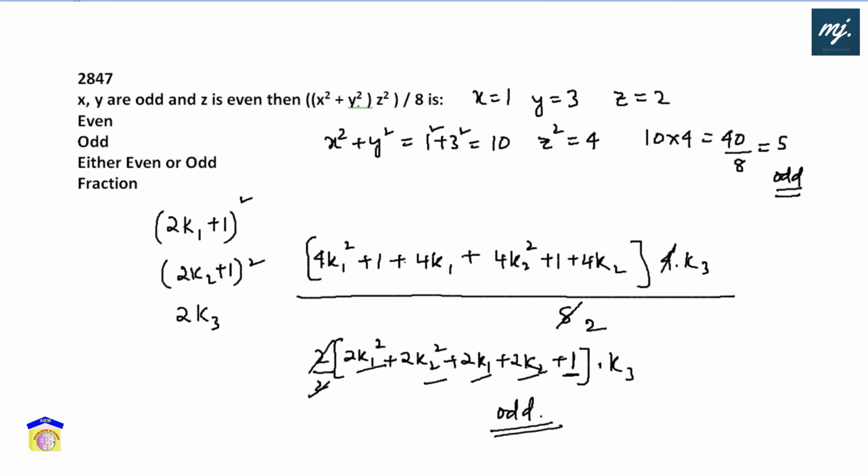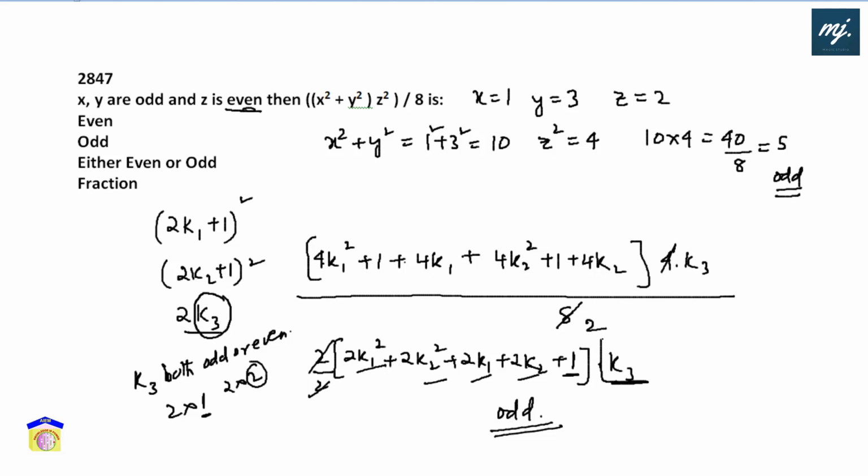And we know that we have taken z as even, which is 2k3. Now k3 can be both odd or even. We can take 2, that will be 2 into 1, then k3 is 1, that is odd. We can also take 4, that would be 2 into 2, that is even.